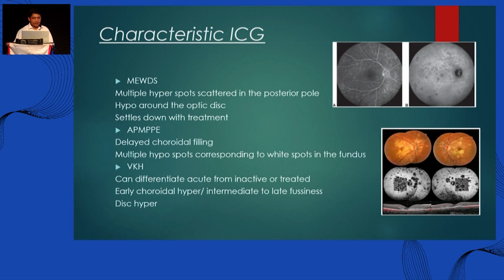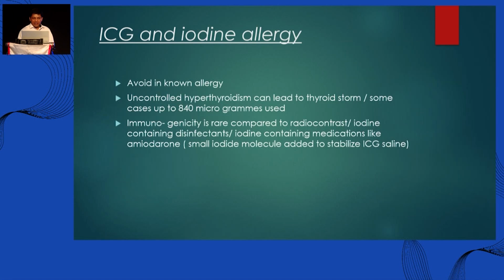Certain diseases have very characteristic ICG features, especially if you have a case where you have a working diagnosis of white dot syndromes. They all have different characteristic features. So ICG is probably still something which we really need, say in white dot syndromes.